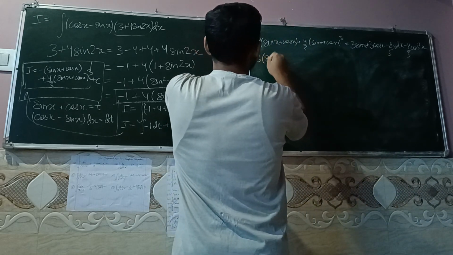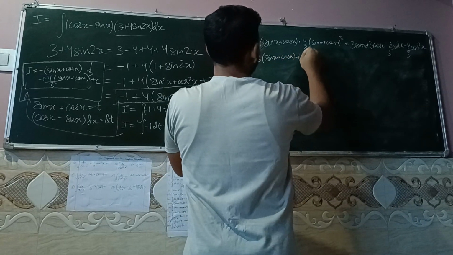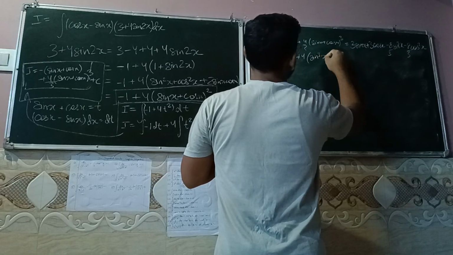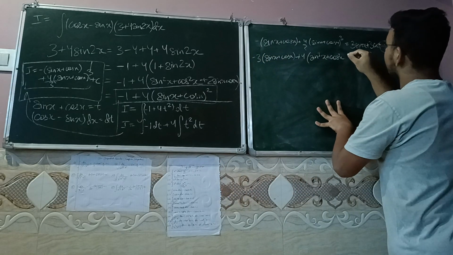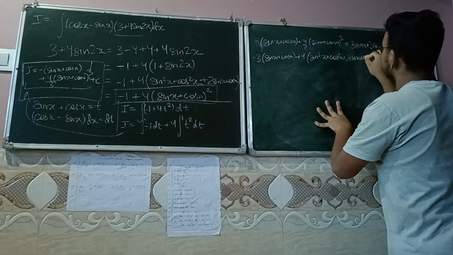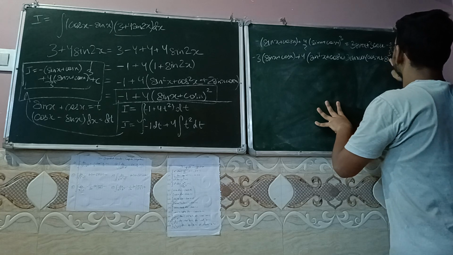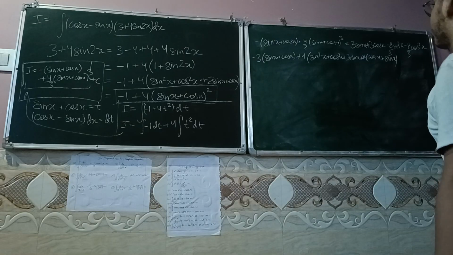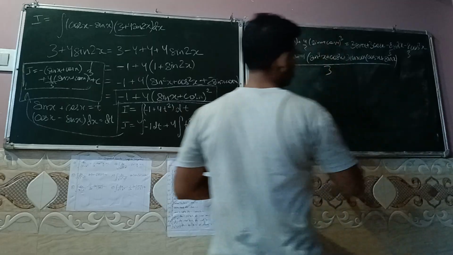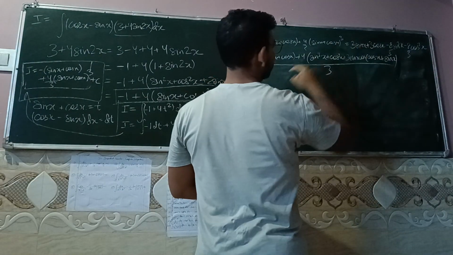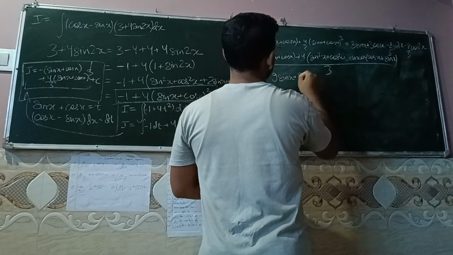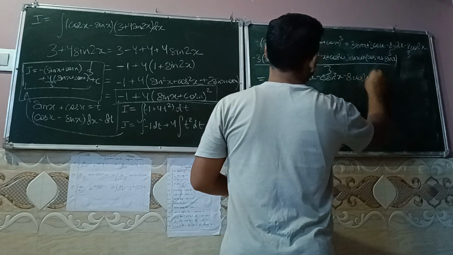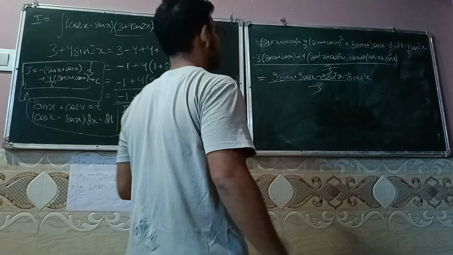So here comes minus 3 times sine of x plus cosine of x plus 4, and I'm expanding this in this step: sine cube x plus cos cube x plus 3 sin x cos x times sin x plus cos x, right? And on the right hand side, multiplying by taking the LCM: 9 sin x plus 9 cosine of x minus 8 sine cube x minus 8 cosine cube x over 3. So 3 is cancelled out on both sides.